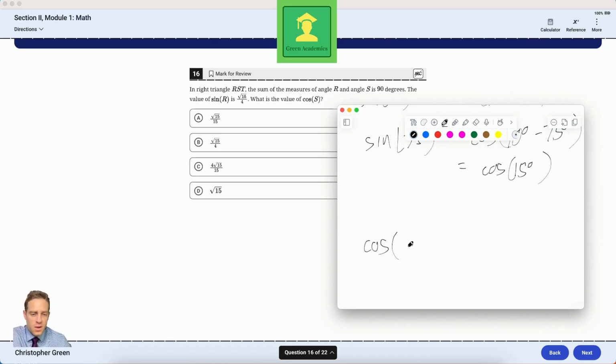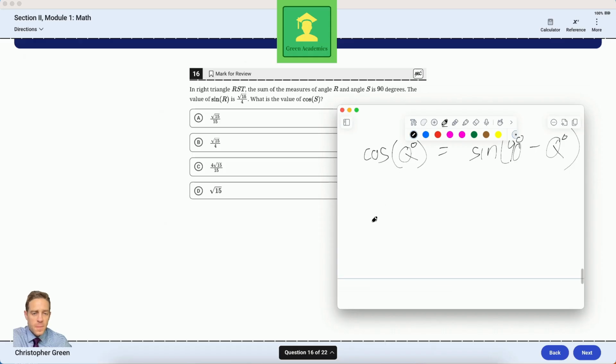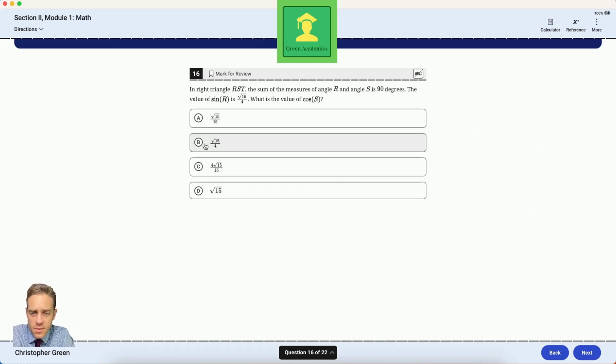You can say cos of q is sine of 90 minus q, and let's be in degrees to be thorough, although you actually could do it in radians also. You can say that cos of, let's say, theta radians, and I always write the word radians to be cautious, is equal to sine of pi over 2 minus theta, where these are both in radians. So the answer is simply root 15 over 4.